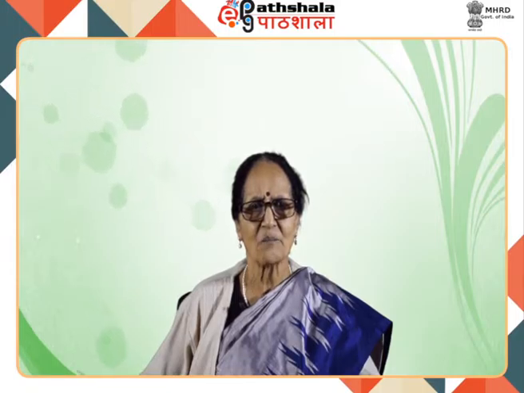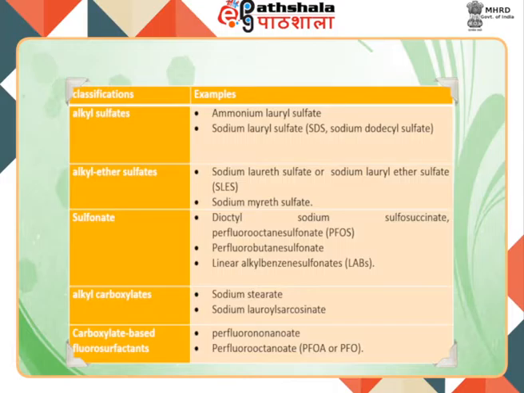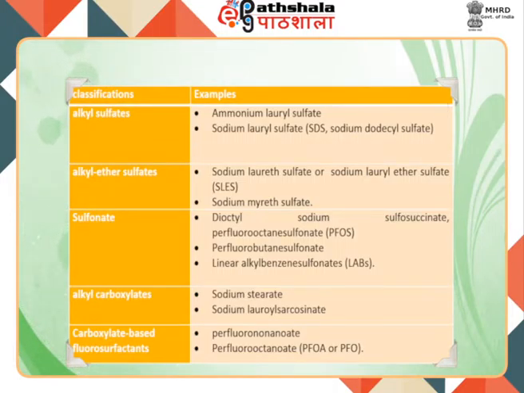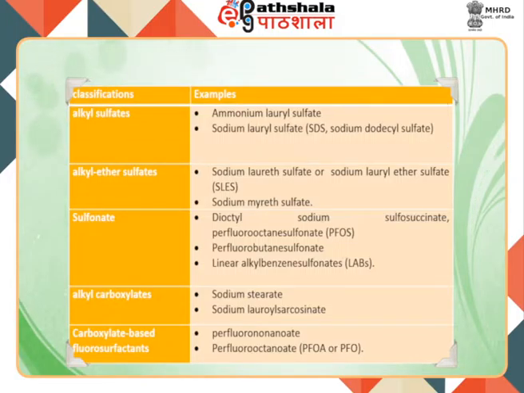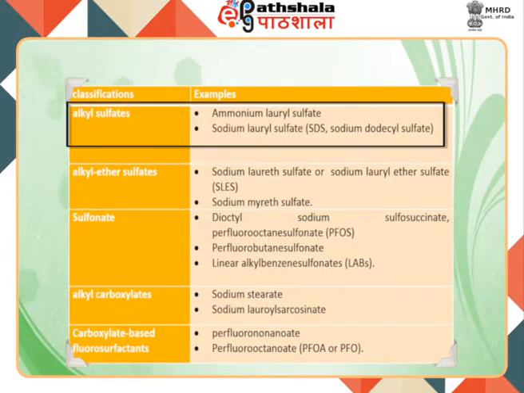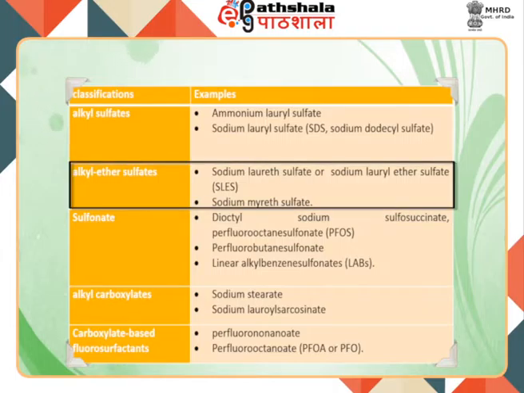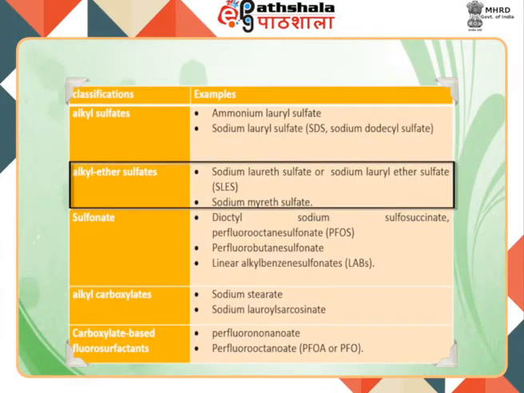Let us see some examples of alkyl sulfates. The examples are ammonium lauryl sulfate, and another example is sodium lauryl sulfate, also called SDS. Another classification is alkyl ether sulfates, and under this heading we have sodium laureth sulfate and sodium myreth sulfate.